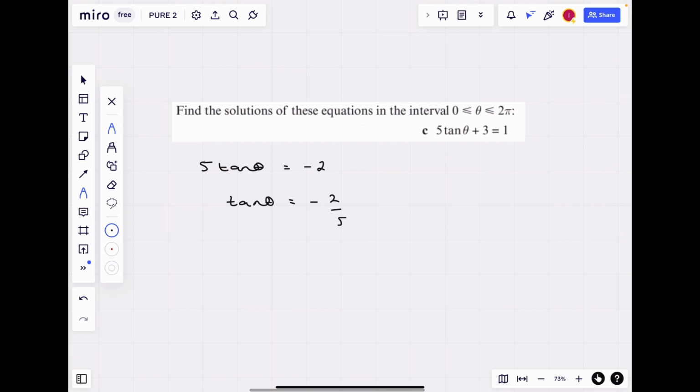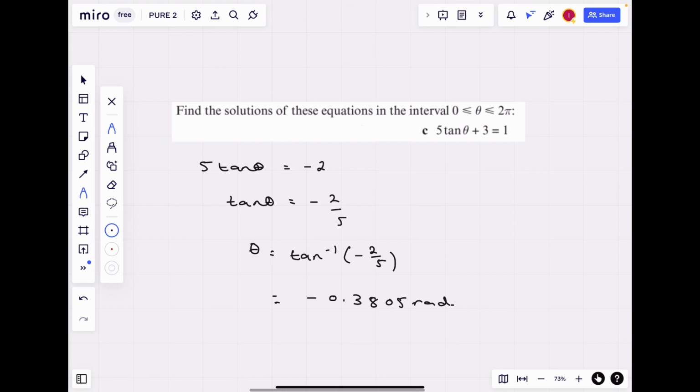So theta is tan minus 1 of minus 2 over 5, which should give you minus 0.3805 radians. Okay, negative numbers are not part of our range.